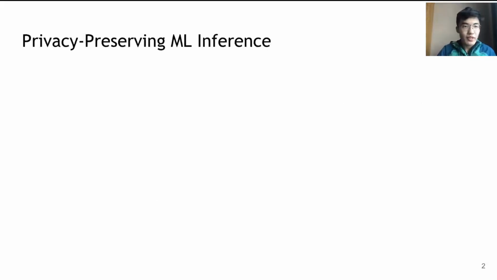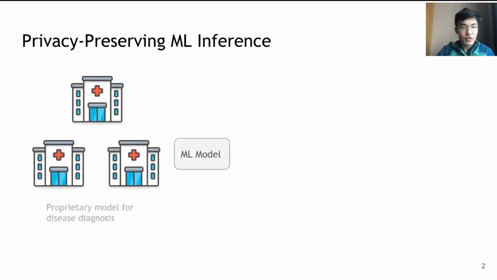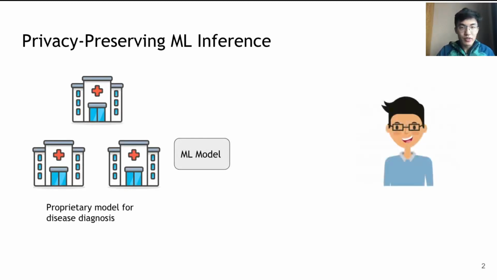Machine learning has been widely studied in academia and widely adopted in industry in the past decade. The growing amount of data needed for a machine learning model also raises data privacy concerns, therefore arising the need for privacy-preserving machine learning. For example, in the case of privacy-preserving machine learning inference, multiple hospitals hold a proprietary model for disease diagnosis, and there's a patient who holds a sensitive medical image and wants to determine the disease he has.